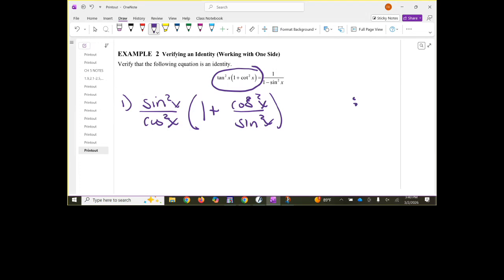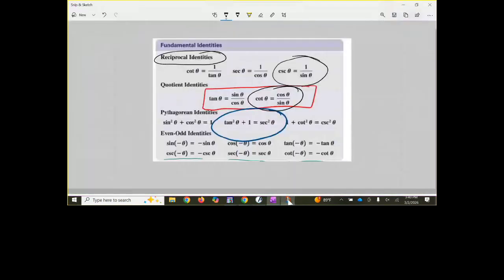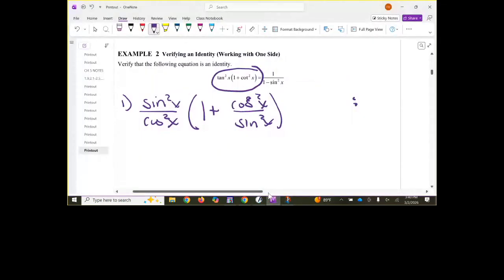How was I able to do that? If I went from tangent and cotangent into sines and cosines, I'm using a quotient identity.